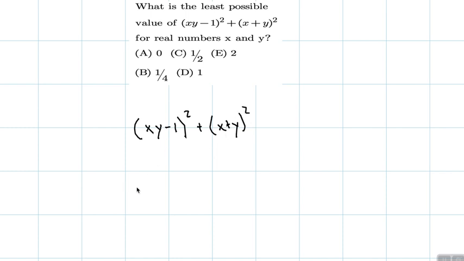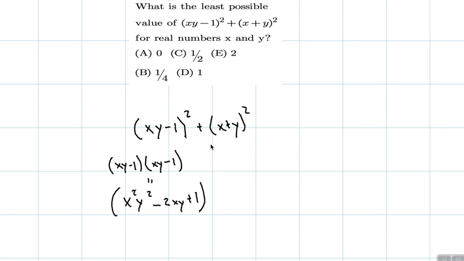So if we expand these terms, expanding this term, we're going to get xy minus 1 times xy minus 1. So this is equal to the following. Okay?